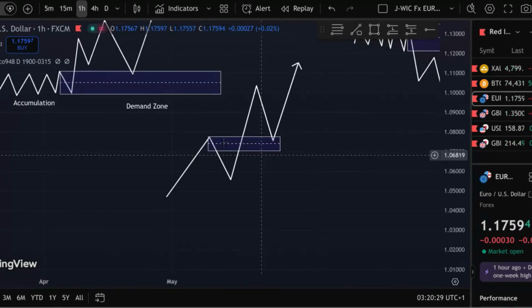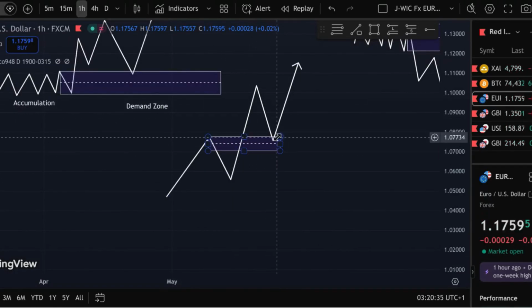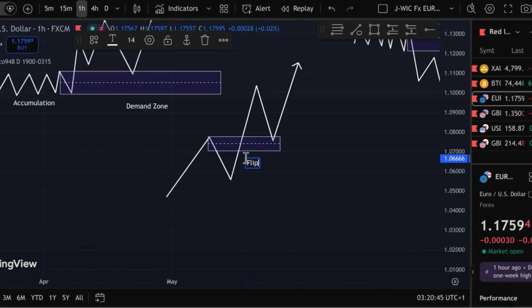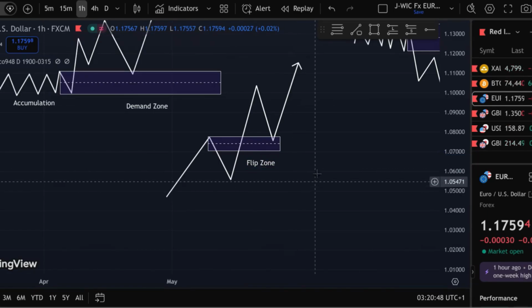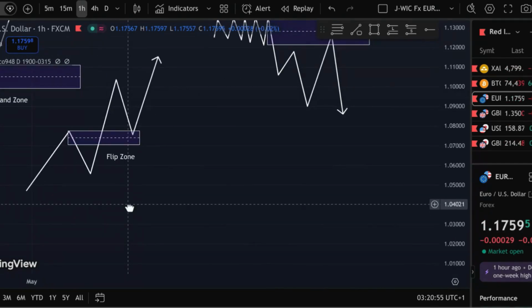So a supply zone that was broken and has now turned into a demand zone is called a flip zone. Vice versa, a demand zone that becomes broken and turns into a supply zone is also a flip zone. That's that for that.